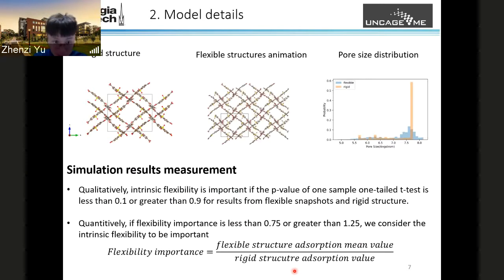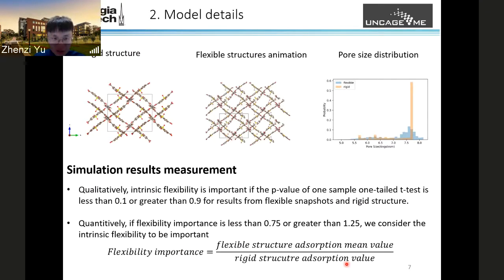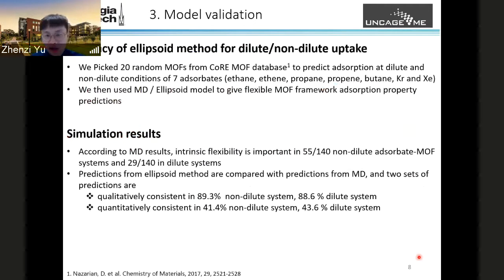And quantitatively, if flexibility importance is less than 0.75 or greater than 1.25, we consider the intrinsic flexibility to be important. So what is flexibility importance? Flexibility importance is merely a ratio of the flexible structure adsorption mean volume divided by the rigid structure adsorption volume. So there are two standards for us to determine whether we should consider the intrinsic flexibility important or not.